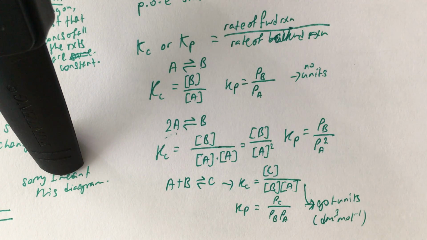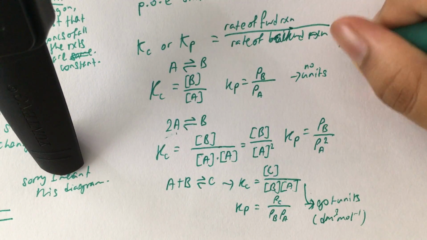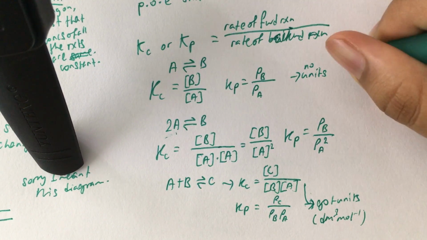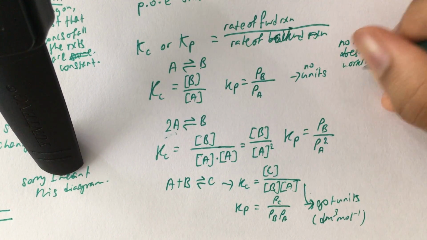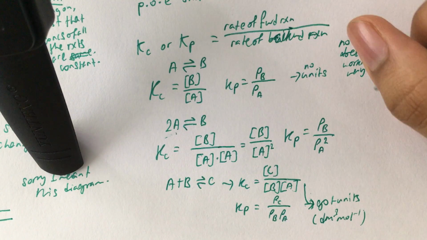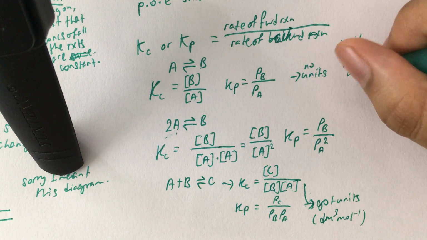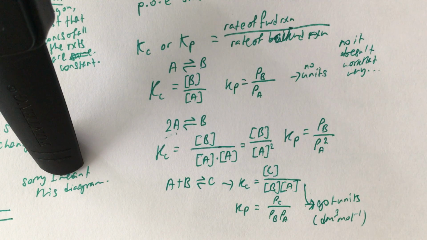Well, the reason is because the rate is the first and foremost definition of the constant, and this can be derived from that definition. So let's say you start with Kc equals rate of forward reaction over rate of reverse reaction, and then the rate of forward reaction is the small k times concentration of A. Okay, wait.